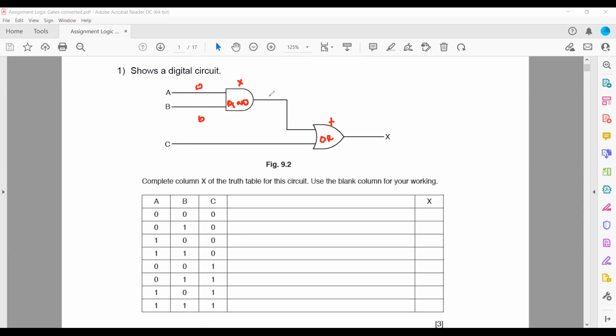What is this result? So that will be 0. So this is 0, and this same 0 will be here because it's the same line. So this 0 will be here, and C is how much? C is 0. So C is connected, so that is 0. 0 plus 0, what will be the output?